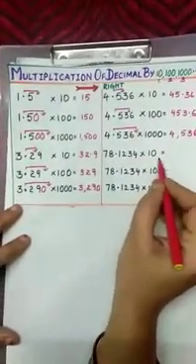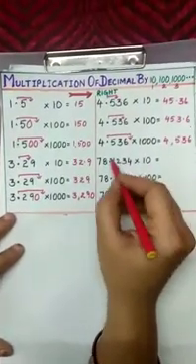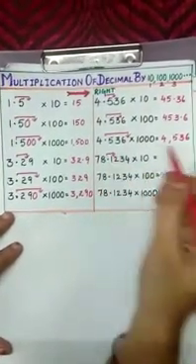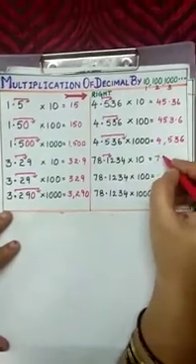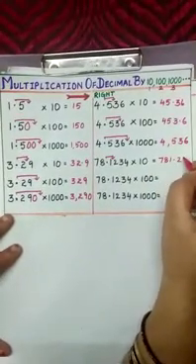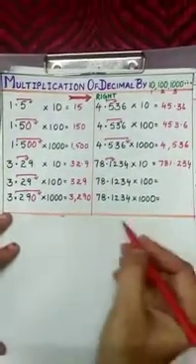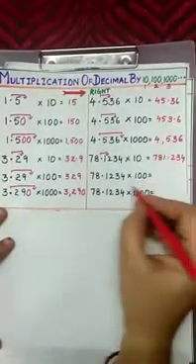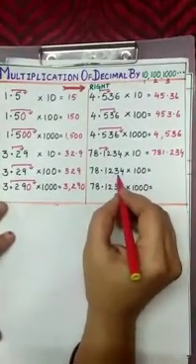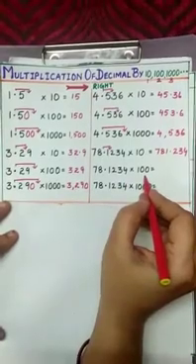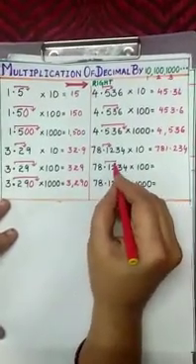Now another number, 78.1234 into 10. As it is 10, shift the decimal after one place. Then the product is 781.234. Children, you are observing? Now you see here, 78.1234 into 100. So you have to shift the decimal after two places.